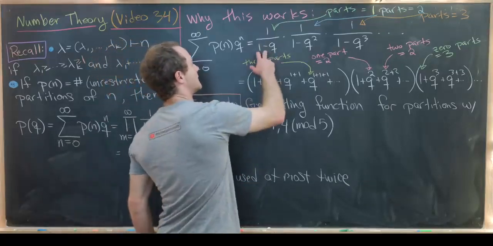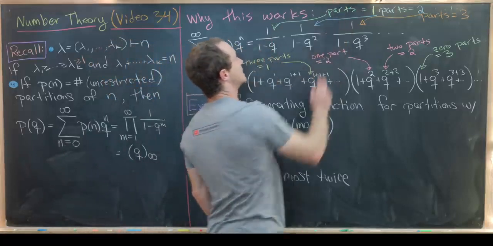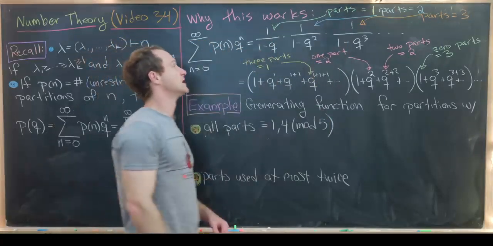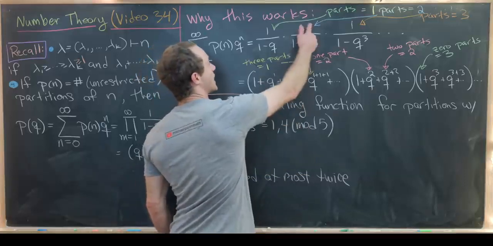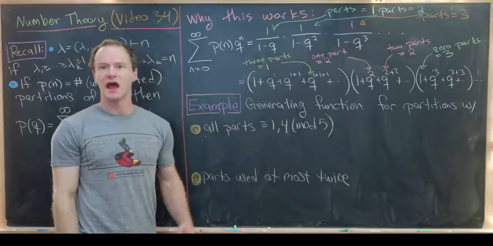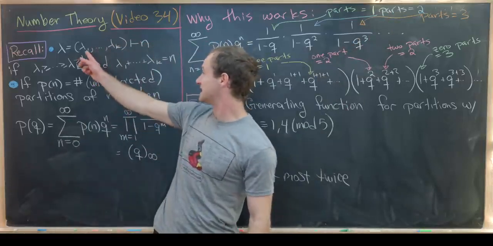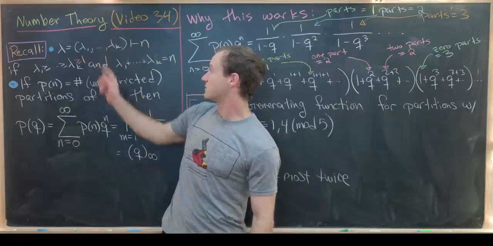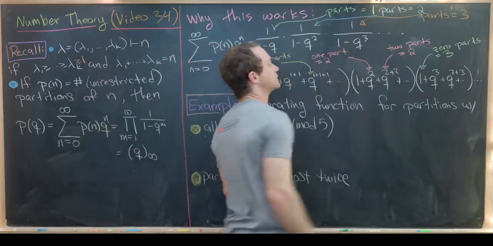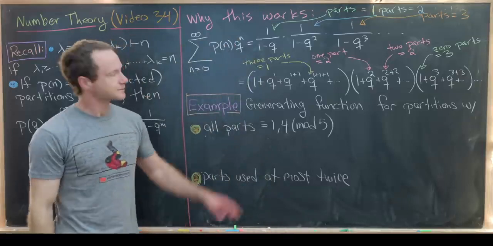So this 1 over 1 minus q controls the parts of each partition that are equal to 1. This 1 over 1 minus q squared term controls parts of the partition that are equal to 2. And what I mean by parts is these individual things that are making up the partition. And then 1 over 1 minus q cubed, those are parts that are equal to 3.